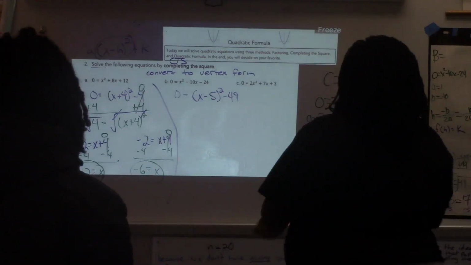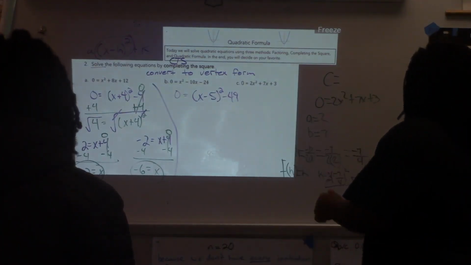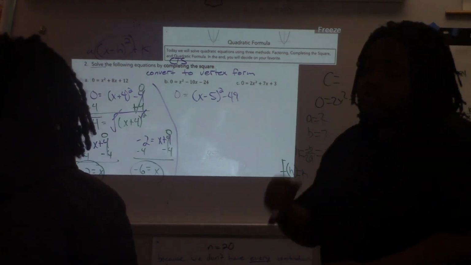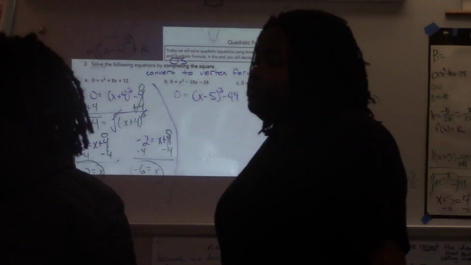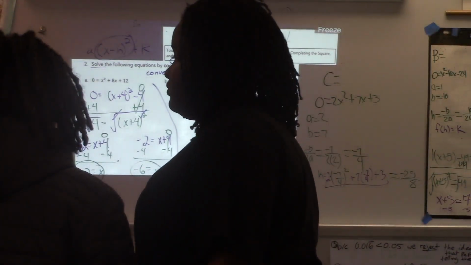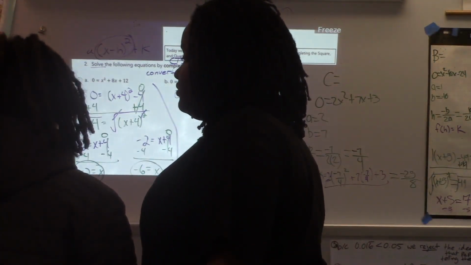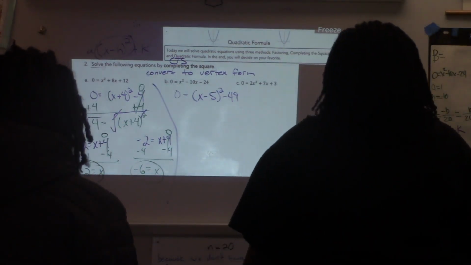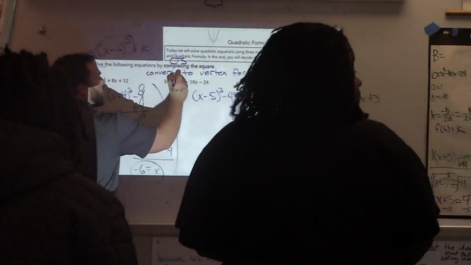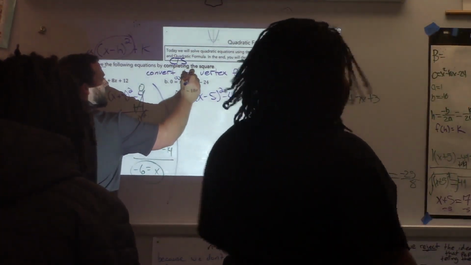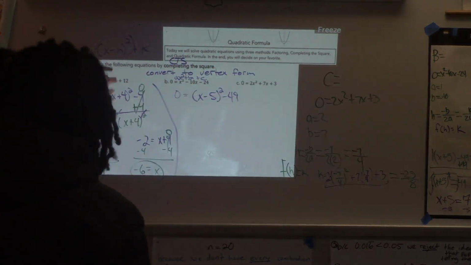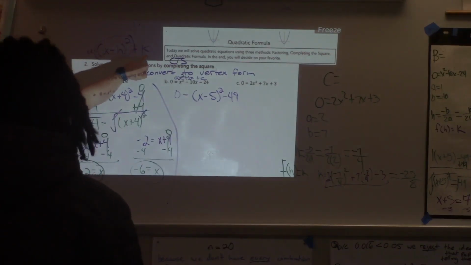Okay? So remember, and this is what I was talking about with Bev, you've got to remember when we have our standard form, we have ax squared plus bx plus c. But when I want vertex form, I need h and I need k.